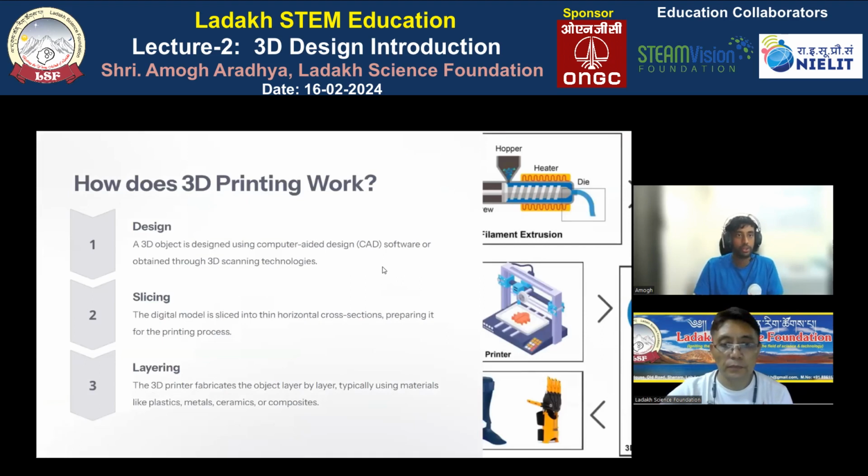So let's get into how 3D printing works. The first part is design. A 3D object is designed using certain types of tools, which are called CAD tools, computer-aided design, and it can also be obtained through 3D scanning technologies. There are multiple CAD software, which we will be talking about in tomorrow's session on 3D modeling.